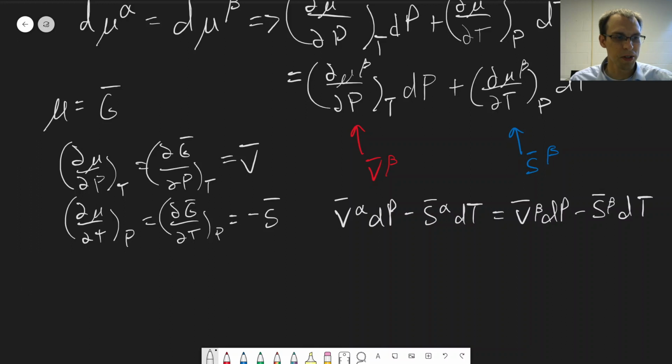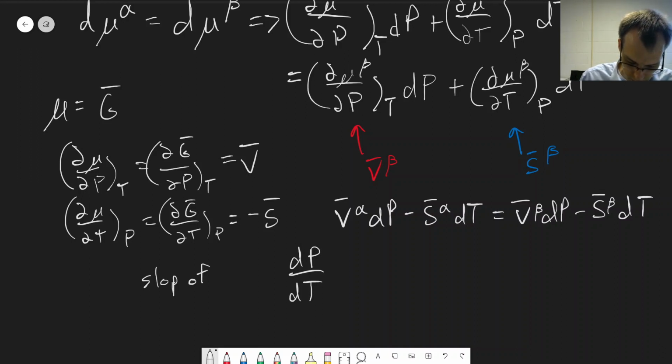All right, and we're almost to our Clapeyron equation. What we want to do now is express this as a slope, a change in pressure over temperature for something that's in equilibrium. And this is the slope of our coexistence curve. And this is what makes this equation useful.